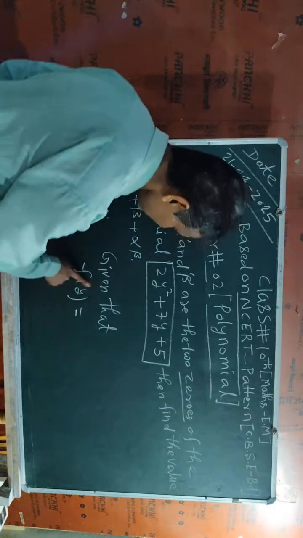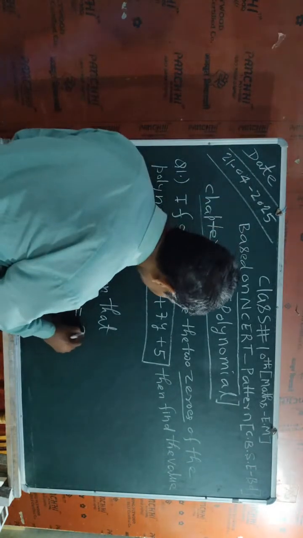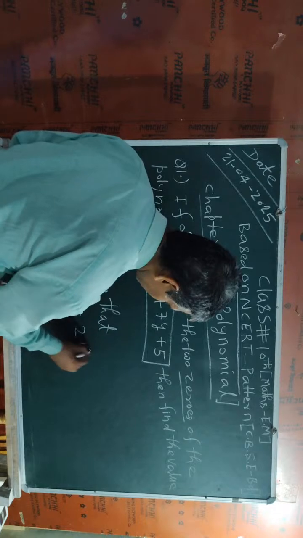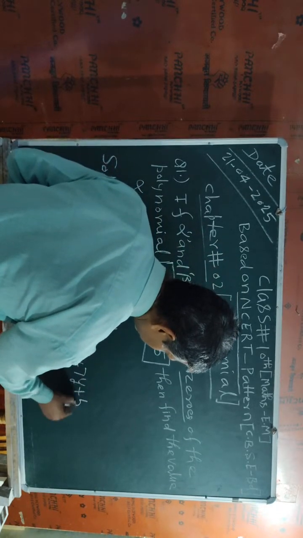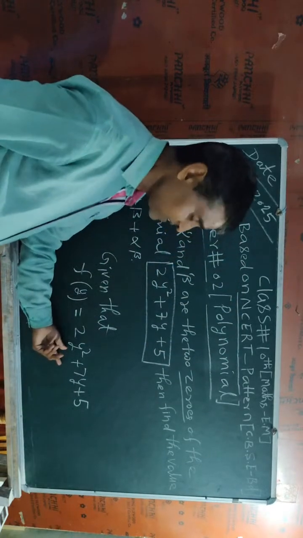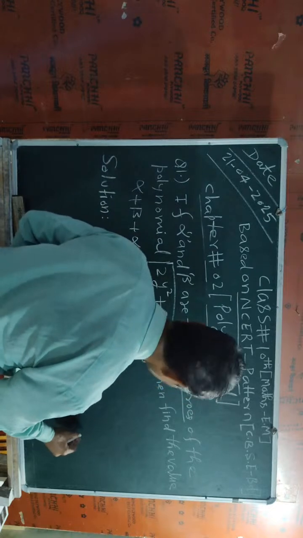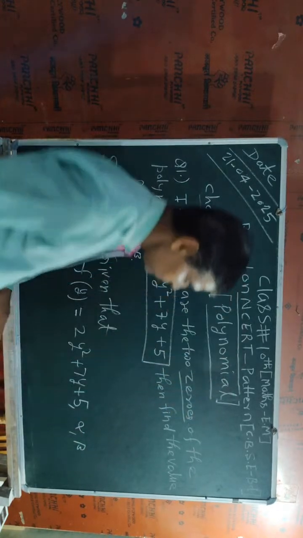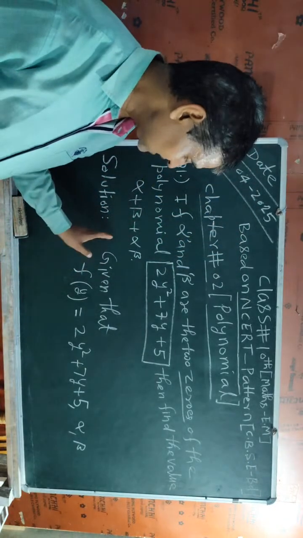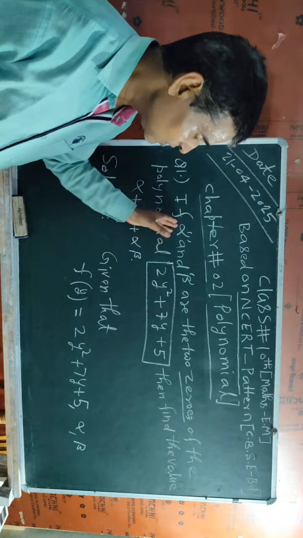Therefore, I have written y here in the place of x. So on the right hand side I will write 2y square plus 7y plus 5. This is a quadratic polynomial and it has two zeros, one is alpha and the second is beta. Okay, student. So this is the information given in the question.